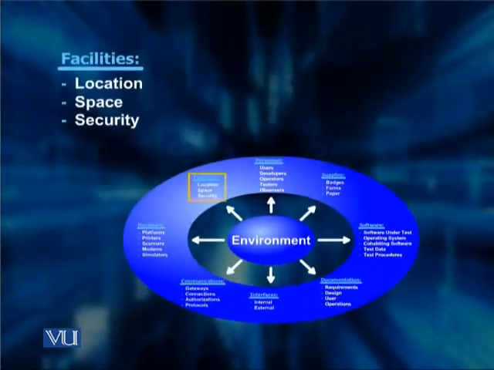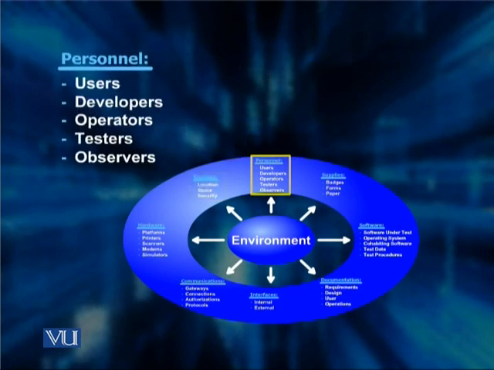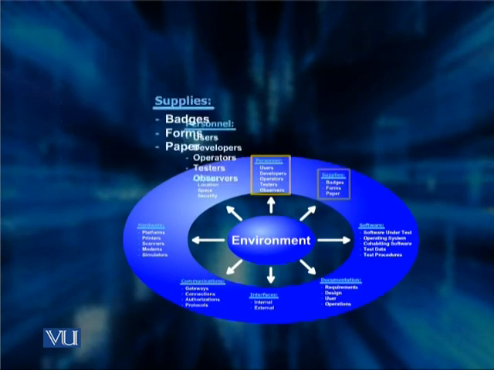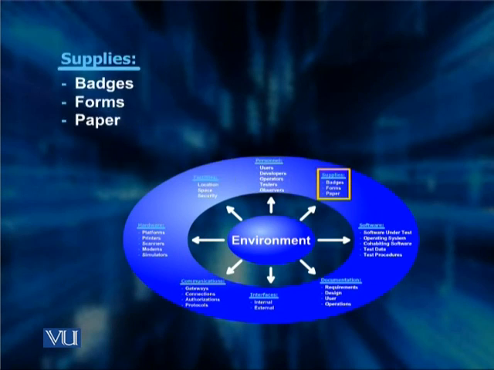And under facilities, you have location, space, and security as an aspect to conduct software testing. And under personnel, there are users, developers, operators, testers, and observers. Under supplies, you have badges, forms of paper, things that you would need as supplies, office supplies.